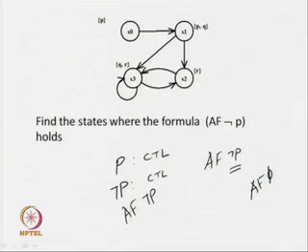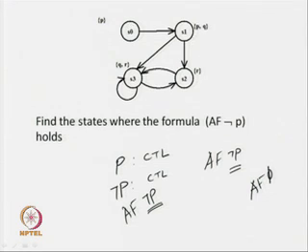Now, what about this not of P? We are going to get the truth values of not of P from our labeling function only. If a state is not labeled with a particular atomic proposition, we will say that this atomic proposition is false in that state. Now, you just see that in your S0, P is true. So, P remains true over here.